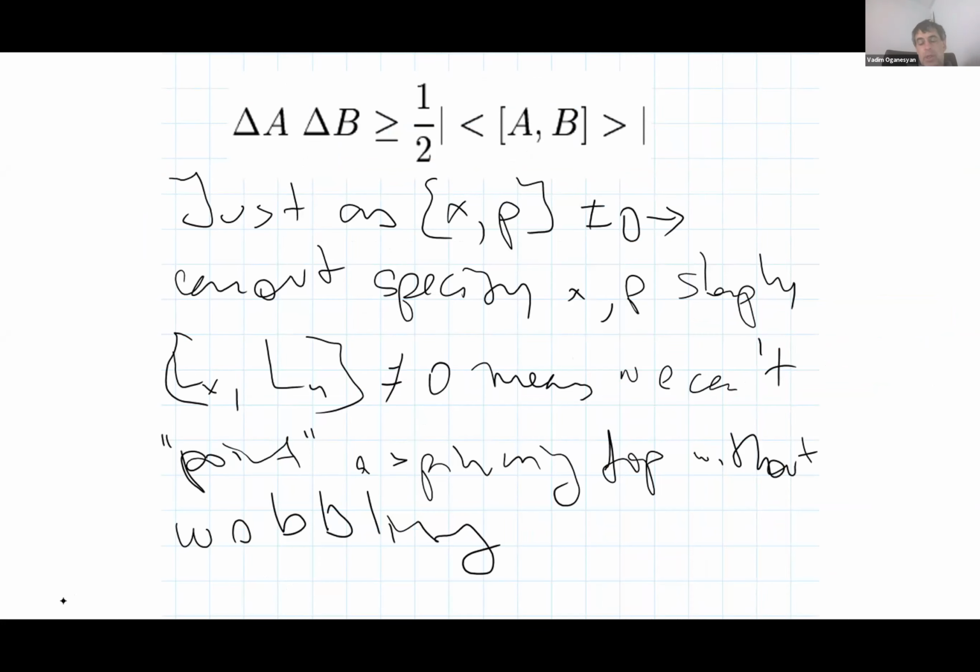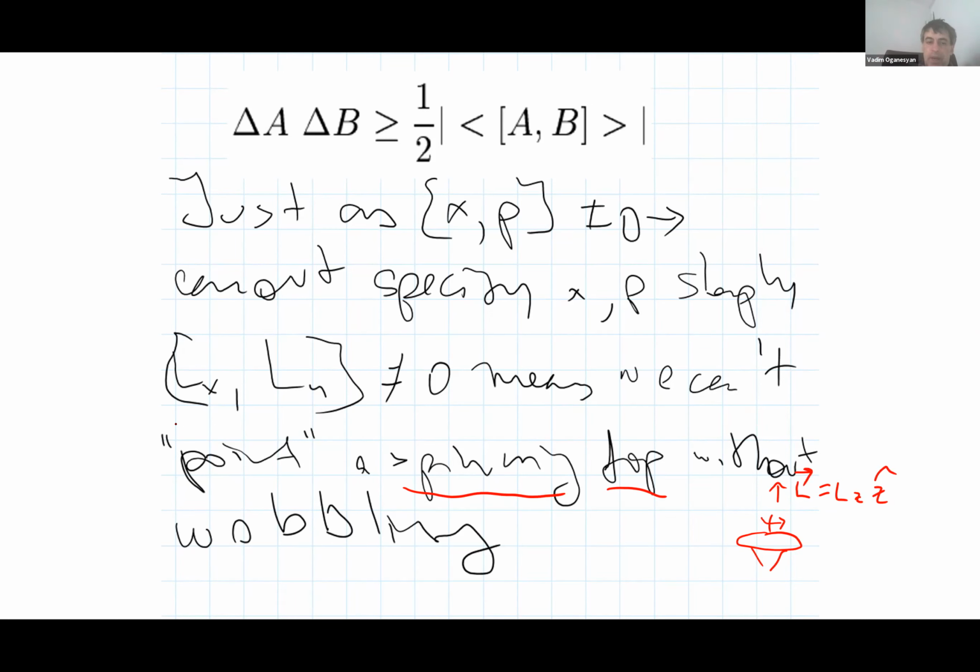Now, in the same sense that you cannot specify at the same time position and momentum, you also cannot specify which way the angular momentum is pointing. If you spin a top, classically you can say, let's say a dreidel spinning, that the angular momentum is pointing up, so L is equal to Lz z hat.